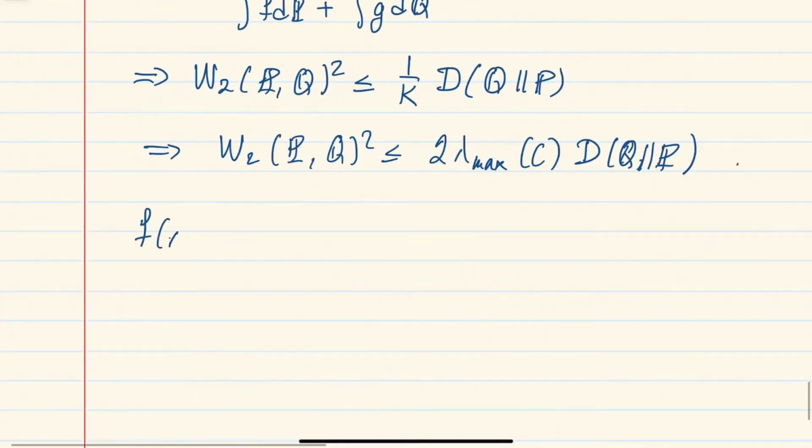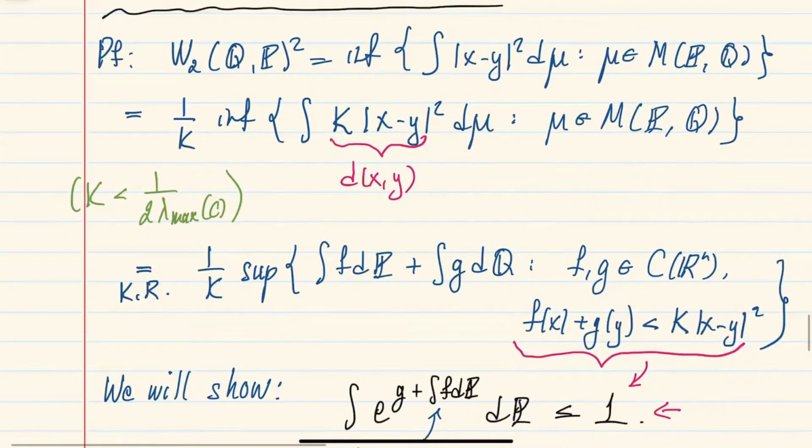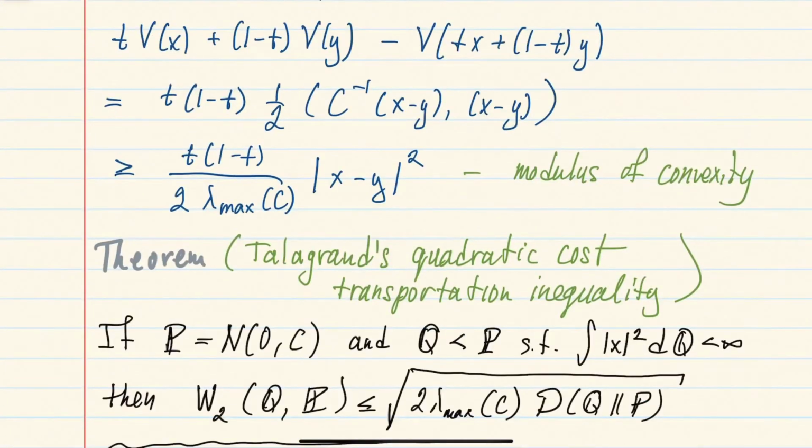because in this condition, f of x plus g of y is less than or equal to k times x minus y squared, we have exactly this distance squared which appears on the right hand side in this modulus of continuity calculation.